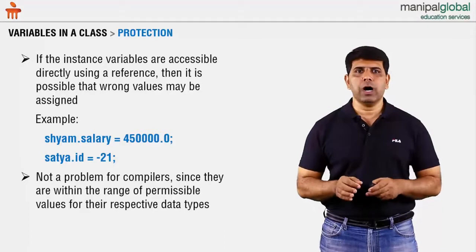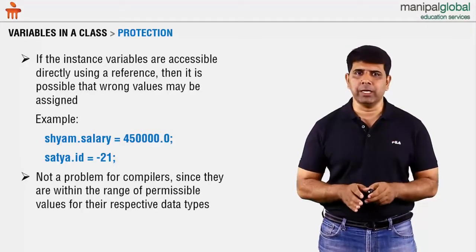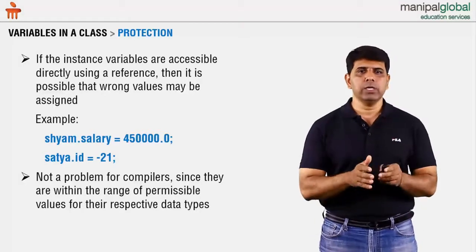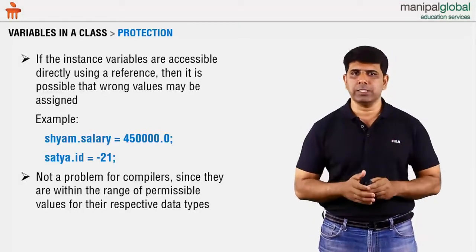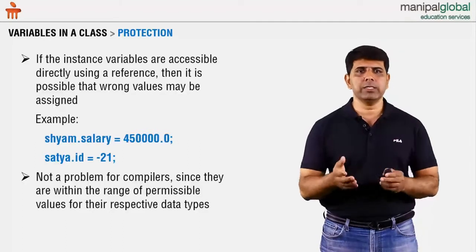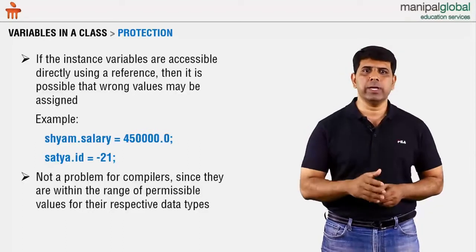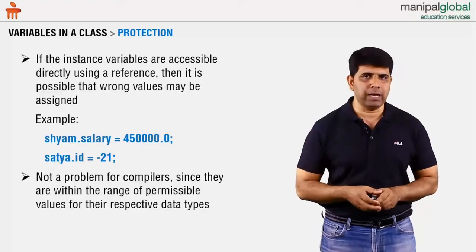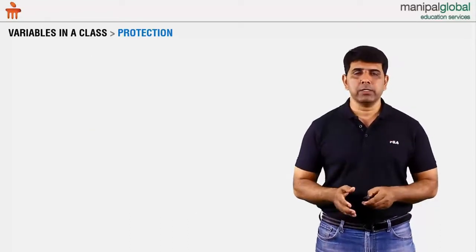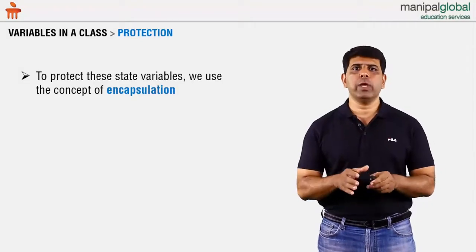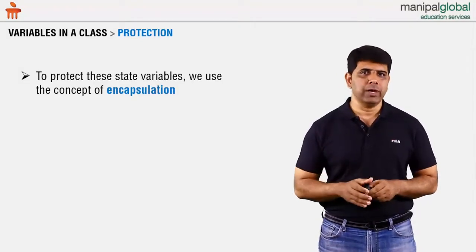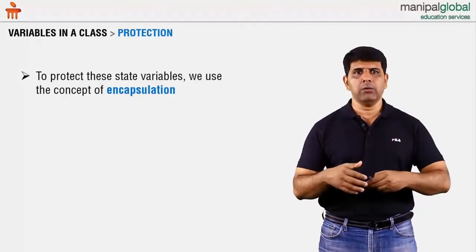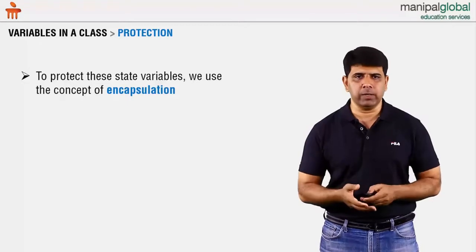Both these values are not incorrect for the compiler, because it thinks 4,50,000 is a perfectly valid value for the salary because it is a double. -21, is it not an integer? It is, and that's why it is not a problem. But based on the business domain, these two are incorrect values. So how do we protect this? To protect these state variables, we use the concept of encapsulation. In other words, we shield them and provide access indirectly.